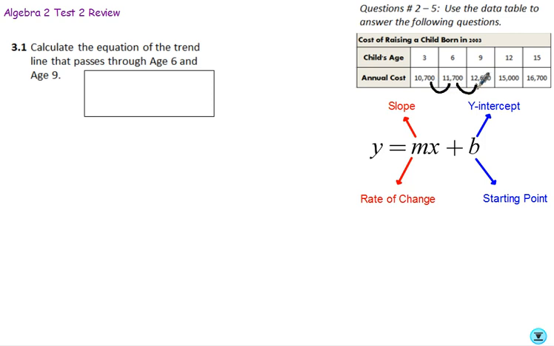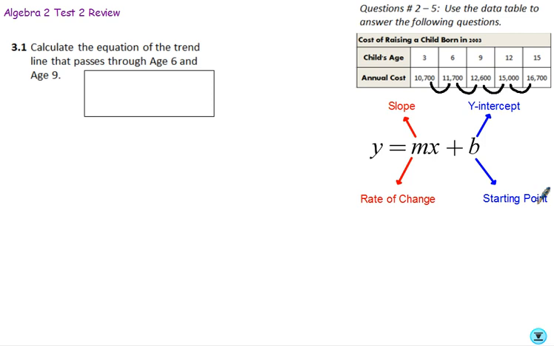Right? It's getting more expensive as the kid gets older. But what the slope is telling me is the rate of change. How much is it going up by? So that's really all I want to know, how much is it going up by each time, each year the kid gets older, and what's it start at? Because we started the table at 3. Well, I want to know what it's going to cost me when it's a newborn. So that's what we want to figure out.